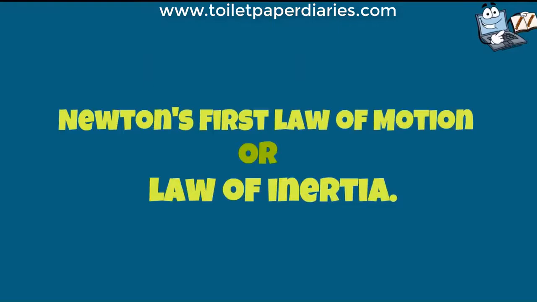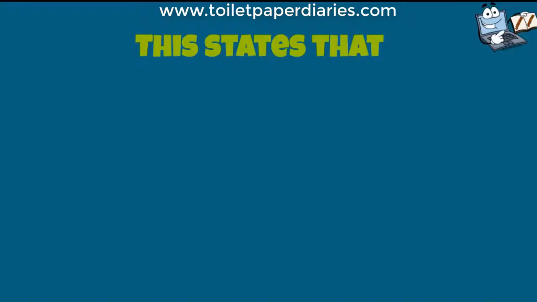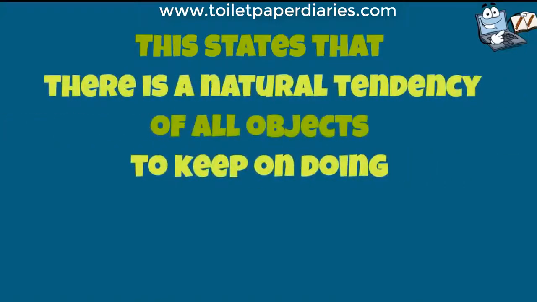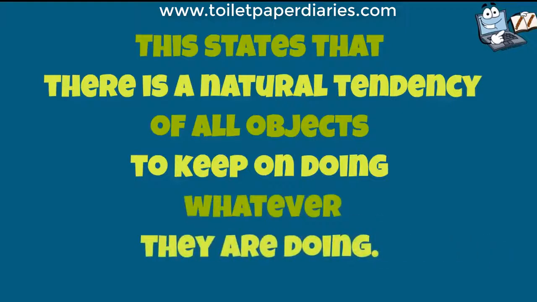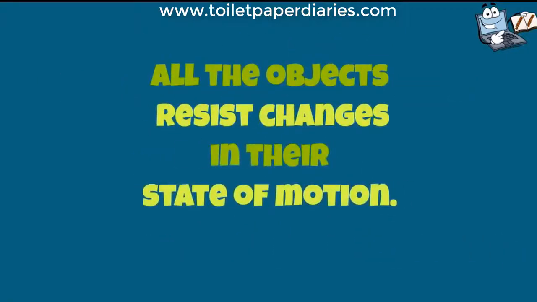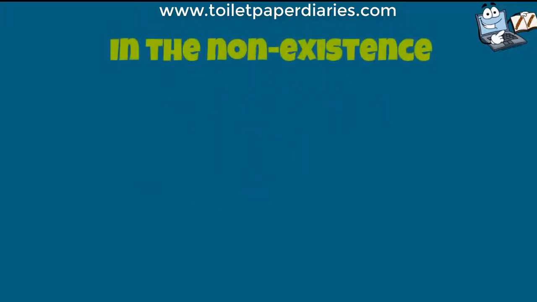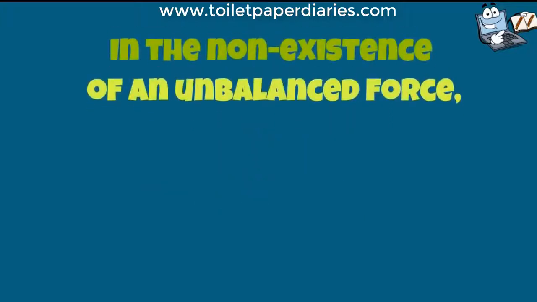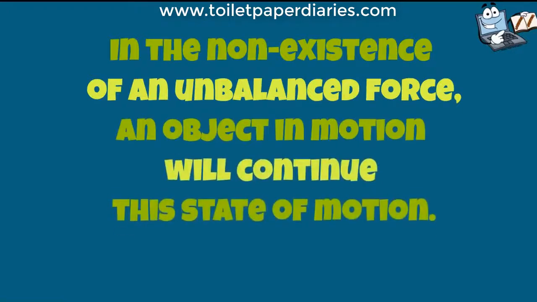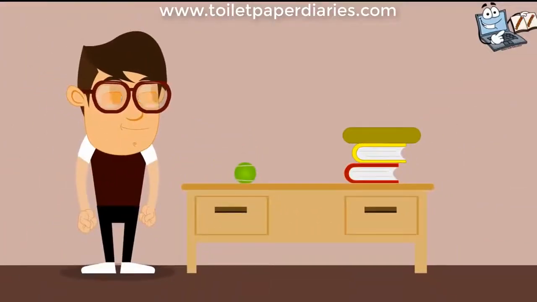Newton's first law of motion, or law of inertia. This states that there is a natural tendency of all objects to keep on doing whatever they are doing. All objects resist changes in their state of motion. In the non-existence of an unbalanced force, an object in motion will continue this state of motion. See this ball sitting on your table?